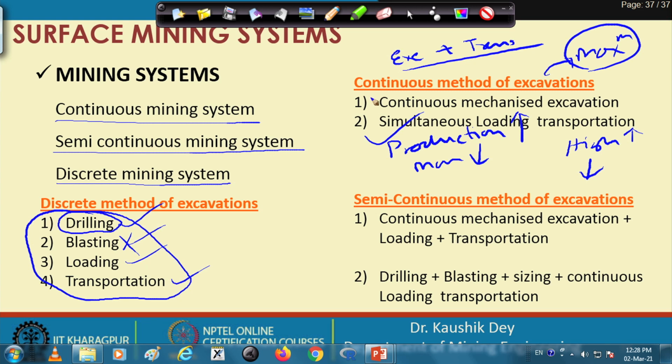But in the continuous system, as it is a continuous process, stoppage of one is basically hampering the operation of another also. So, that is the disadvantage in the continuous system.